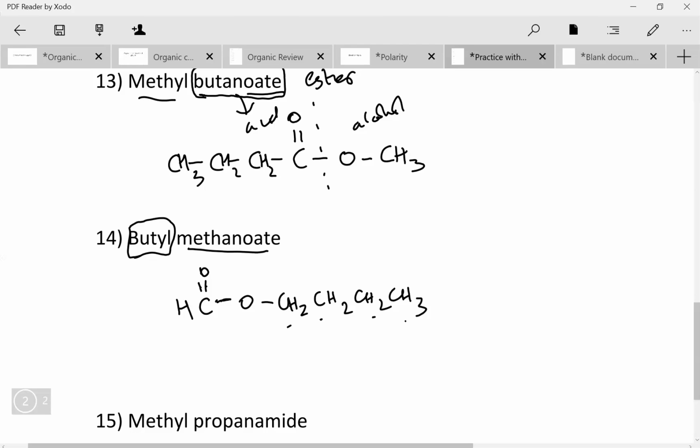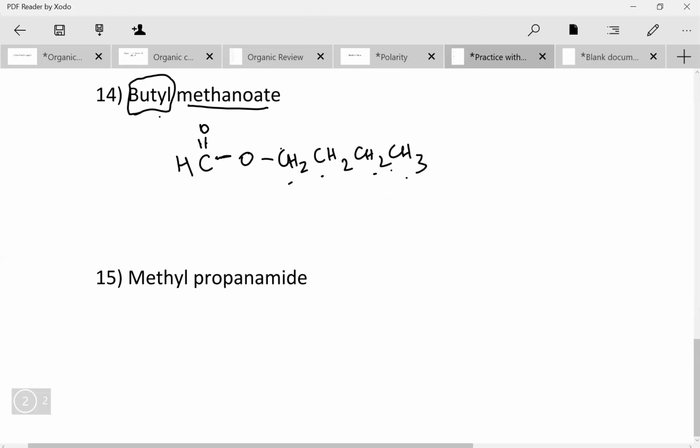There are 4 carbons here because it's a butyl connected to the alcohol. And again, the CH2, 2, 2, and 3 I got from just putting a carbon chain and filling in my hydrogens, just like I did for the other half. Right, so that's butyl methanoate.